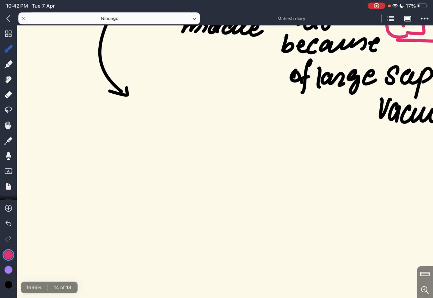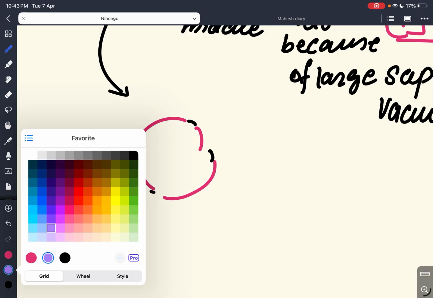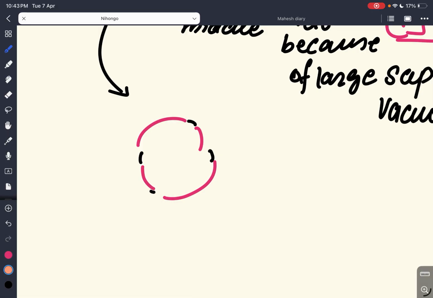So this nucleus is actually like this. Number one, this layer is called the nuclear envelope.